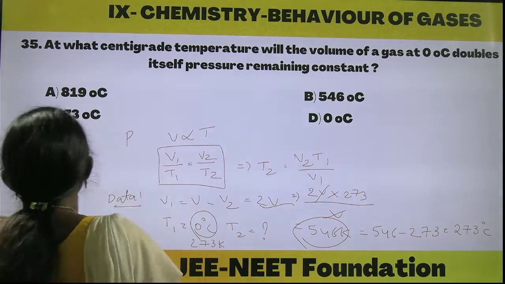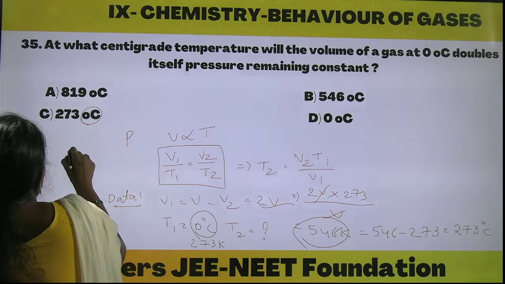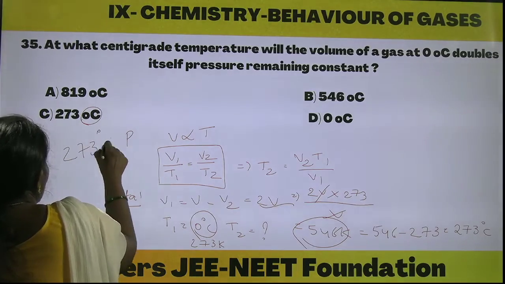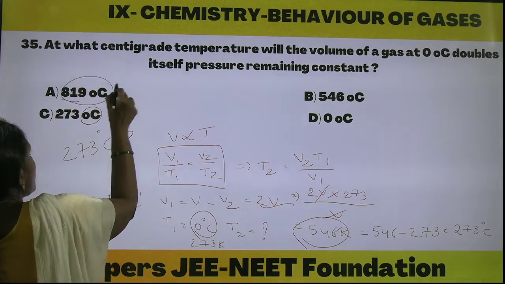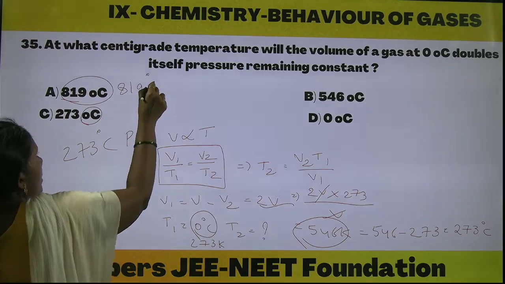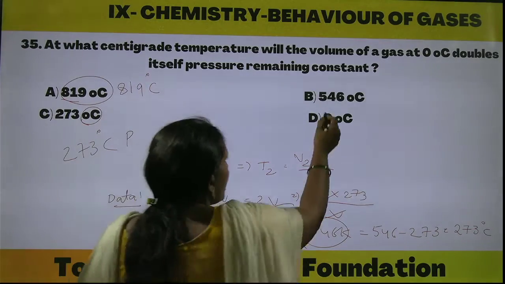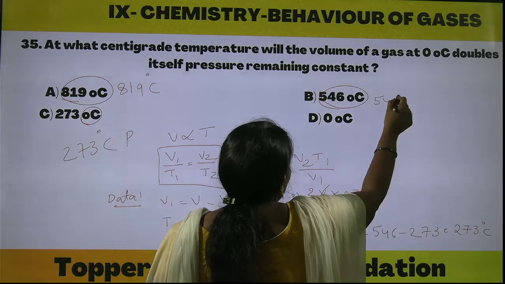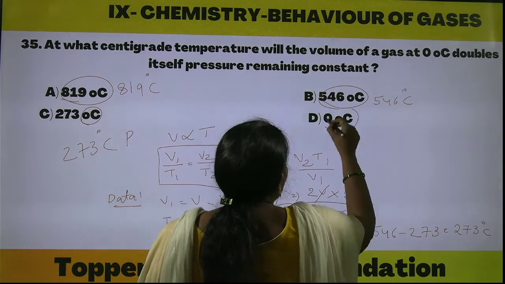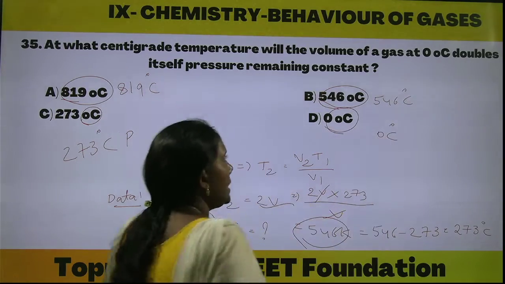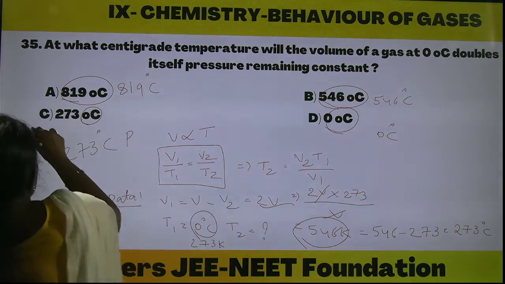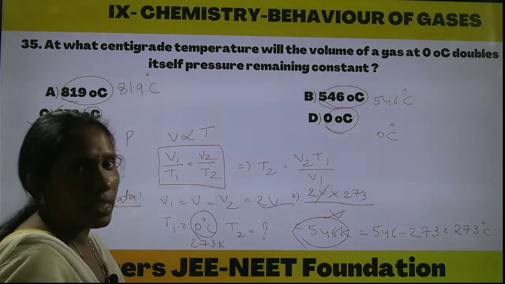Don't get confused with the option 890 degrees Celsius, or 546 degrees Celsius, or 0 degrees Celsius. So our answer is C, 273 degrees Celsius.